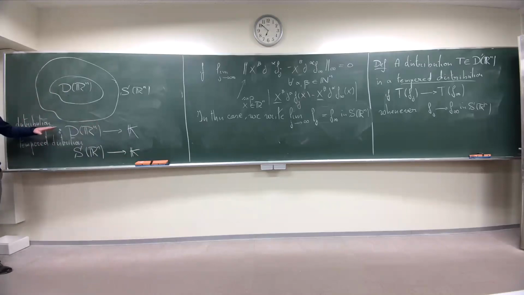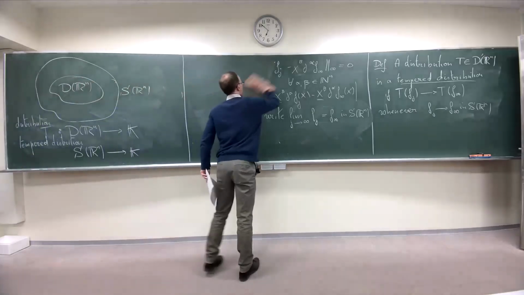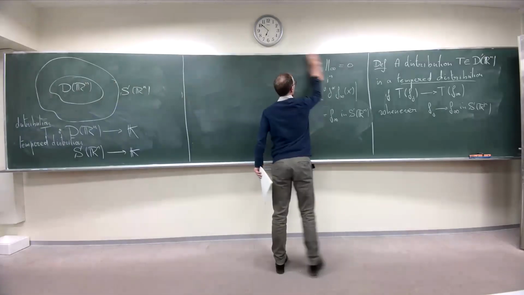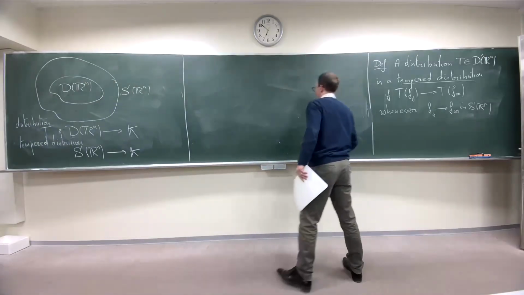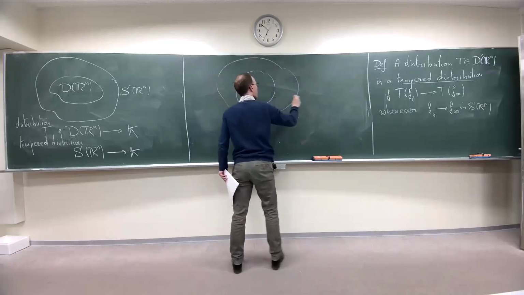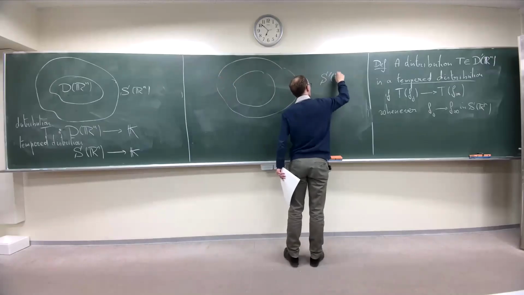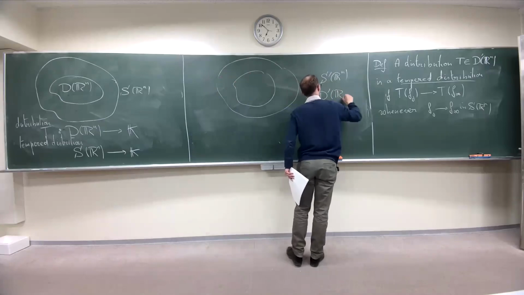Is it to go from this space to K or from that space to K? So in other words, if I do now the same picture for distributions, if I draw two sets, can you tell me which one is S prime? I didn't introduce the notation. And which one is D prime of R^n?